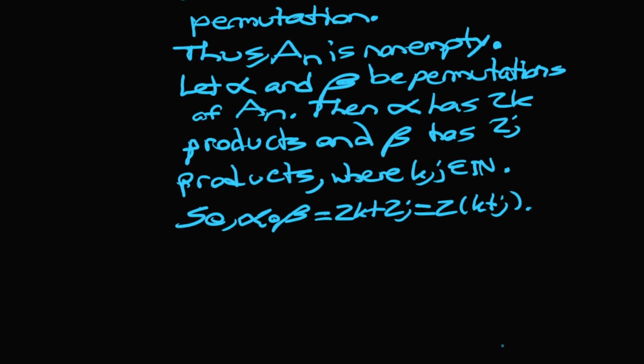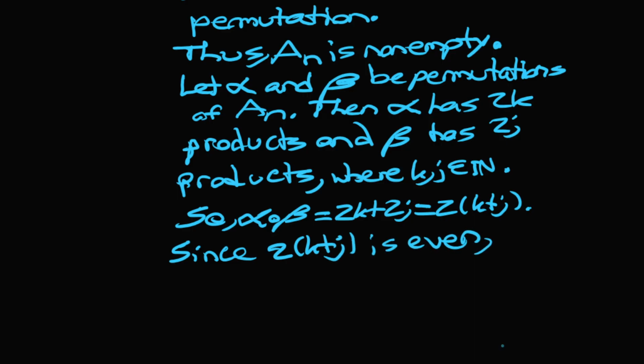And since 2 times k plus j is even, alpha of beta is an element of A of n.